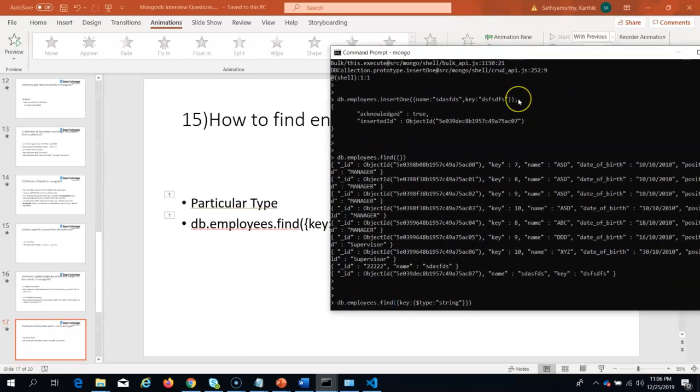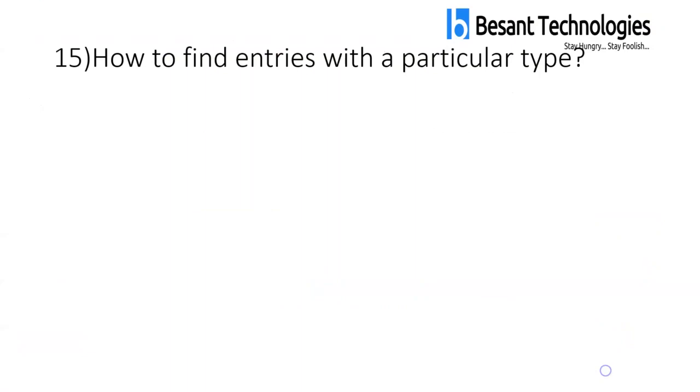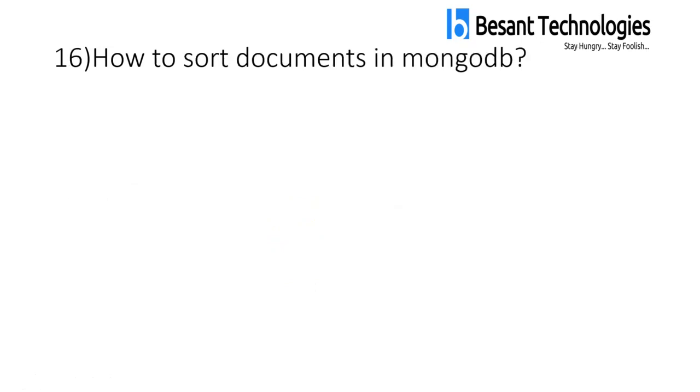So you have to use type for this. Now you are able to see it returned only this document which we recently added, where the key is of type string. So using this dollar type, you can find entries where the field is of a particular type.